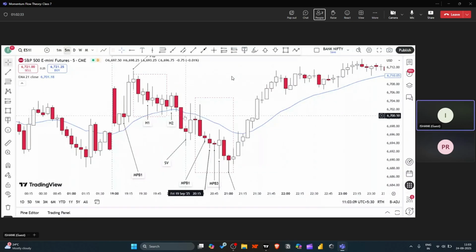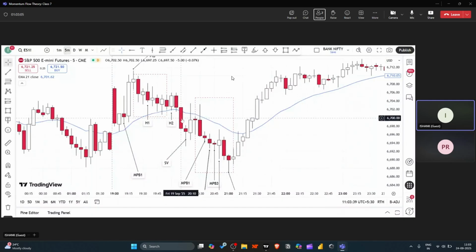Now where is spike 2 for bears? We marked spike 1. After the PIB of spike 1 for bears, that is the spike 2. Now this is 1, 2, 5.